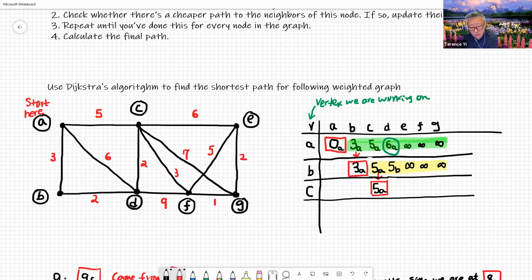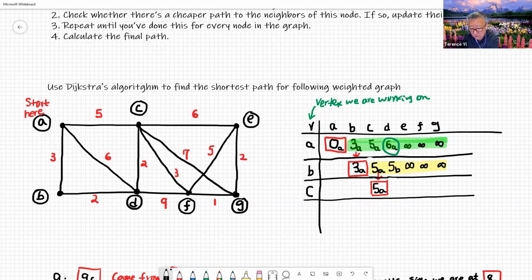Now we want to have C. So in other words, we want to go A to B, B to D, and D to C. But that's going to be 7 units, which is greater than 5. So we don't want that. So we're going to keep the 5B here.